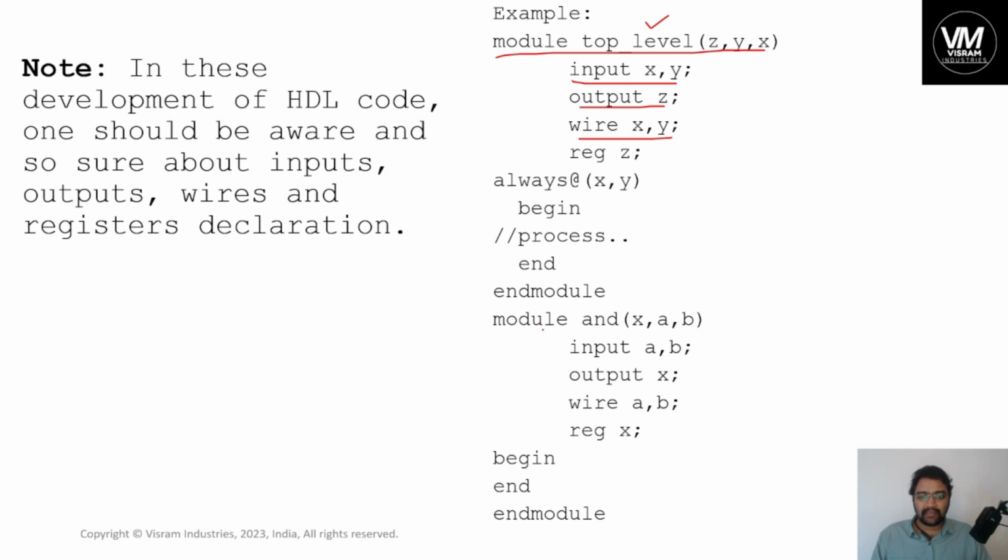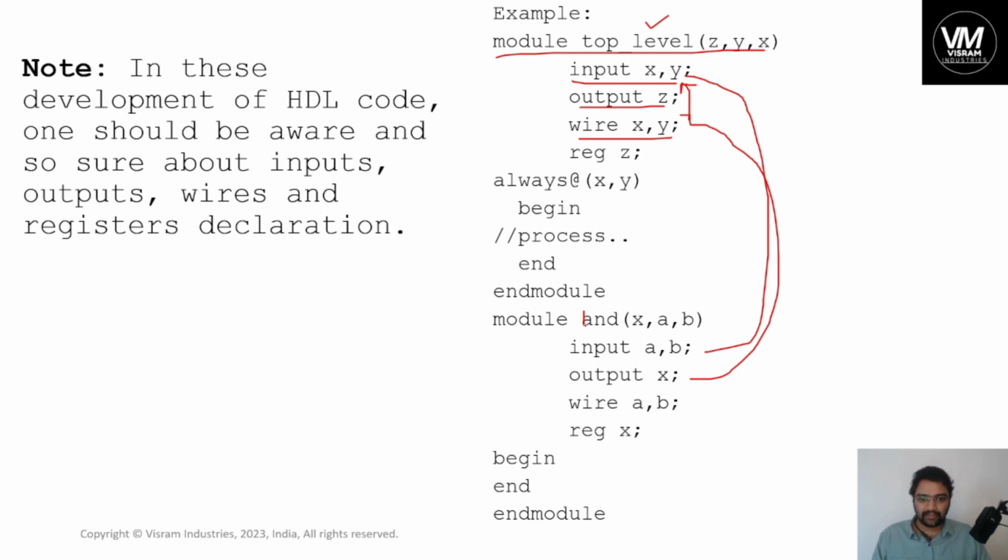Then we can see the input is A and B and the output is X. Got it, guys? So you can see the changes, input X and Y, output X. That is how the top-down approach works.